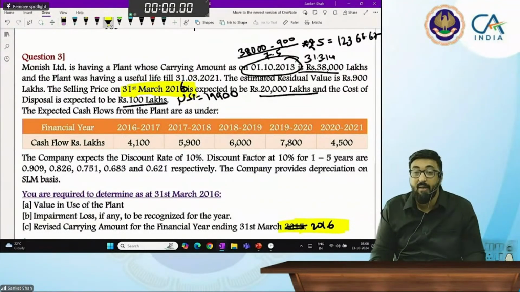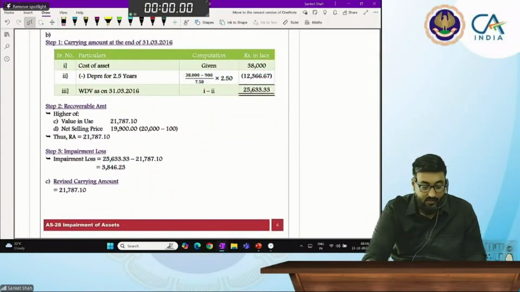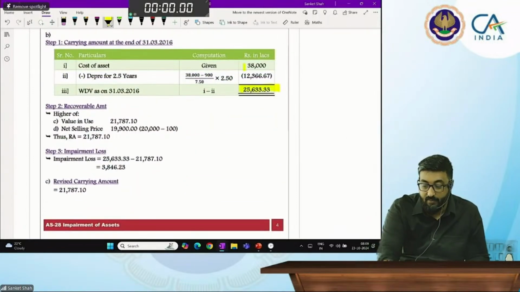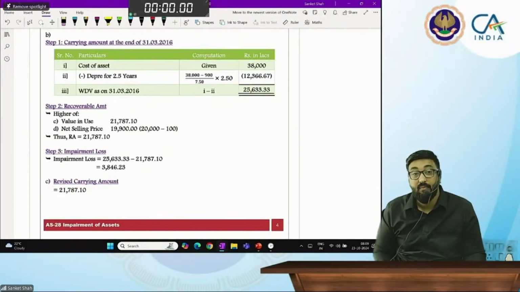Any difficulty now? So my carrying amount is 25,633.33. Correct hai?